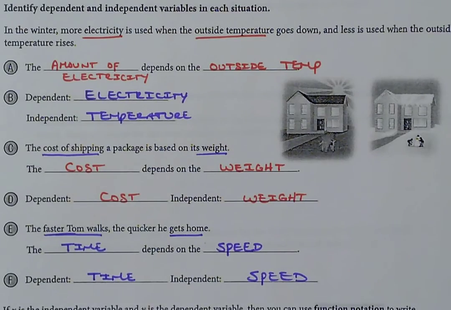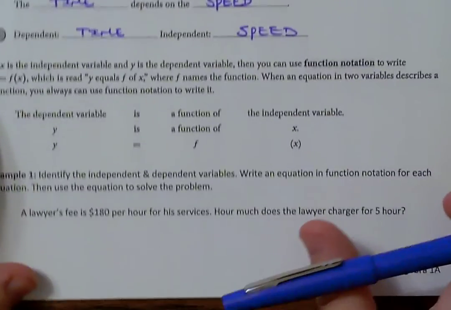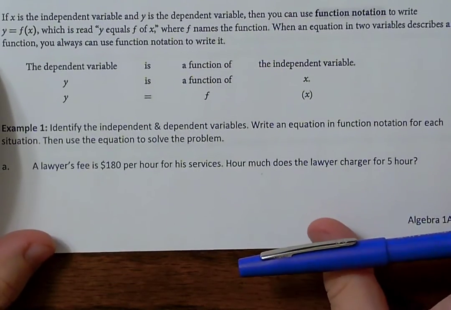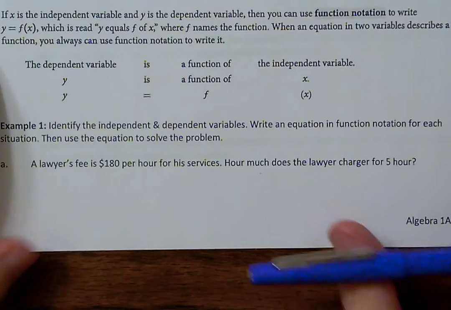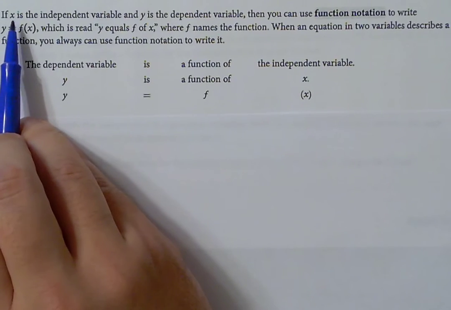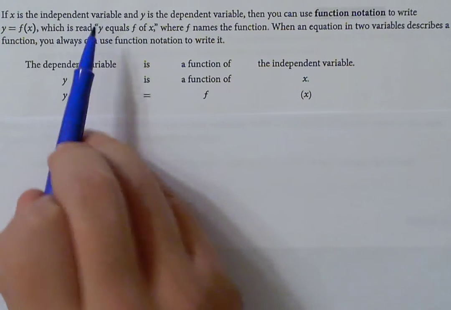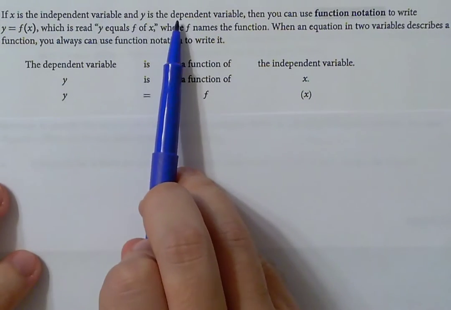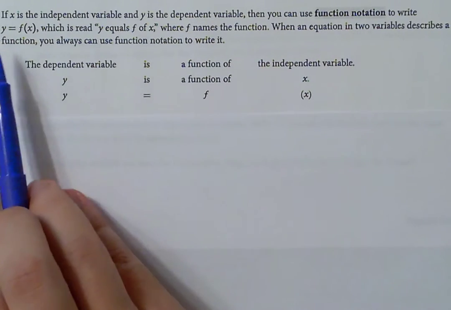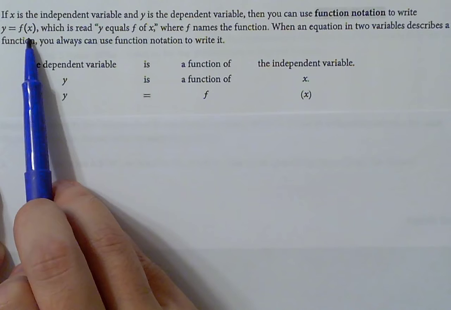All right, before we jump into example 1, we do have a little more terminology that we need to talk about for today. If x is the independent variable and y is the dependent variable, then you can use function notation to write y equals f of x.